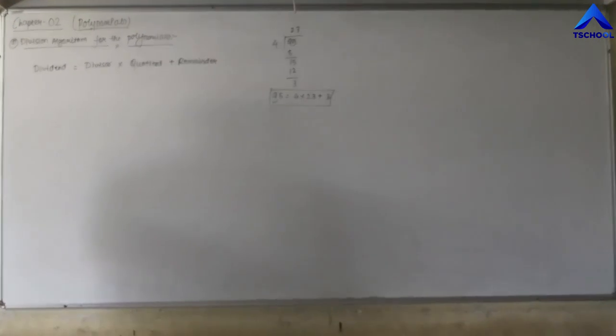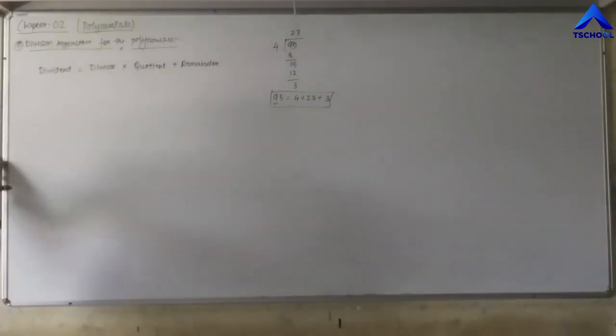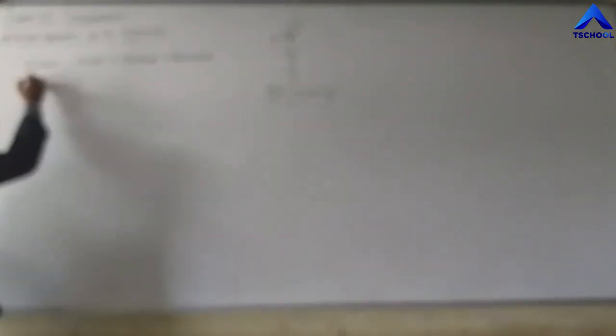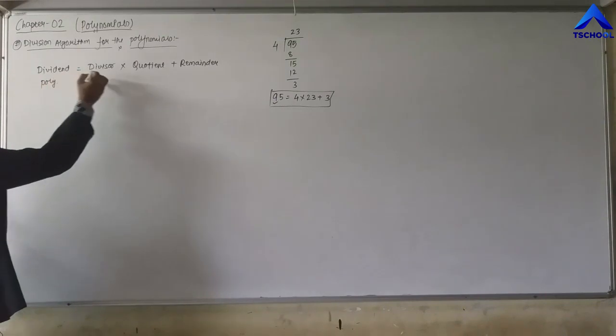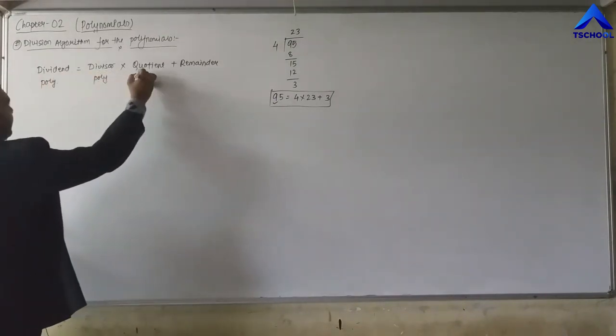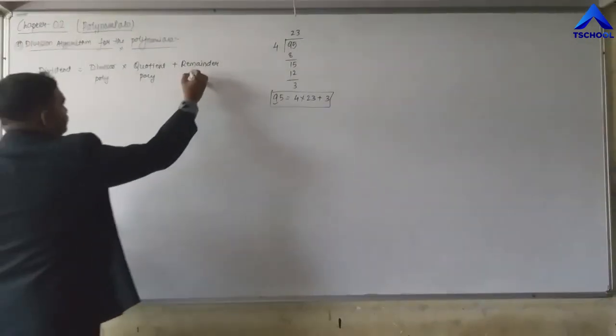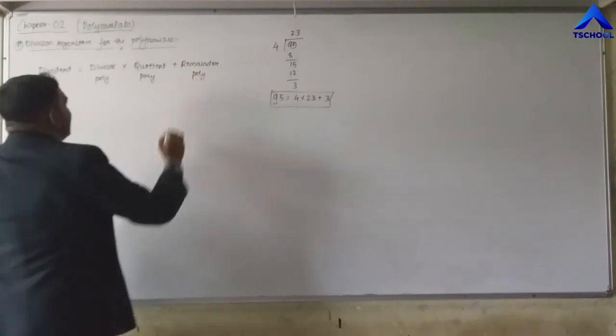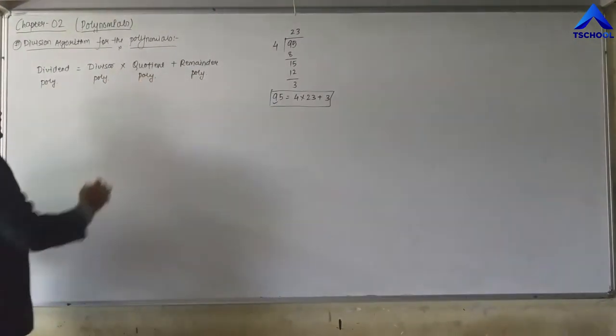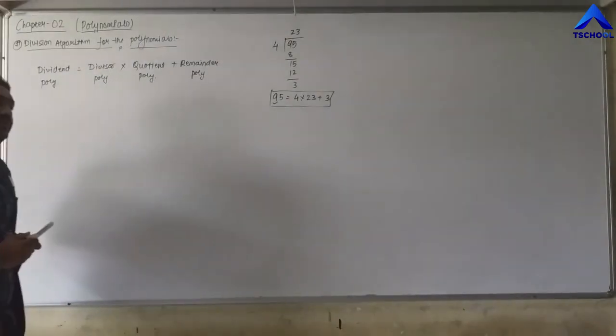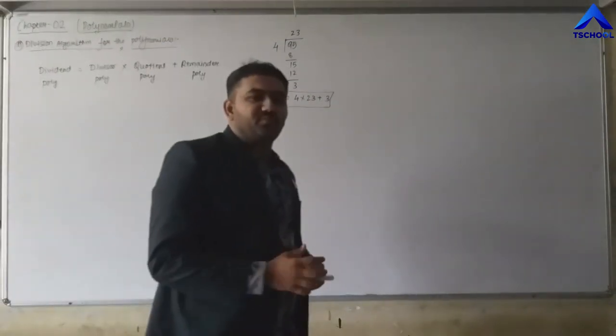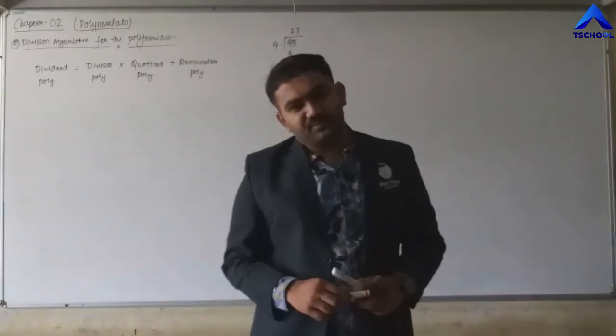But now the only thing that changes from division of numbers to division of polynomials is that everywhere we will be having polynomials. That means the dividend polynomial is equal to the divisor polynomial multiplied by the quotient polynomial plus the remainder polynomial.